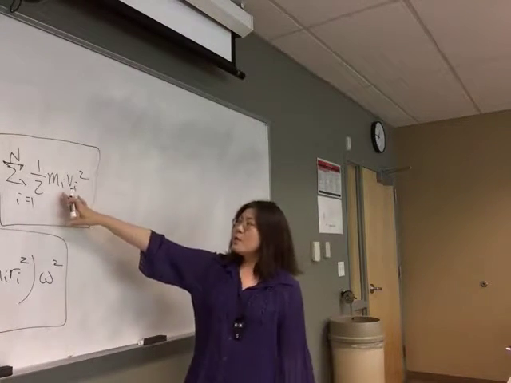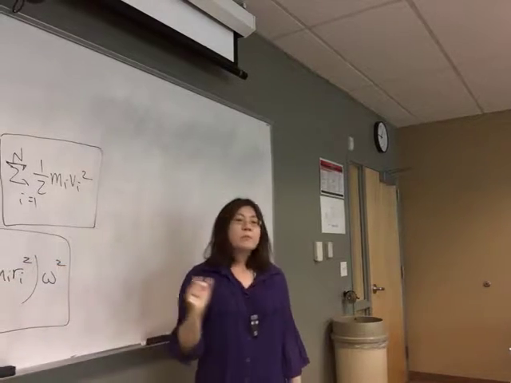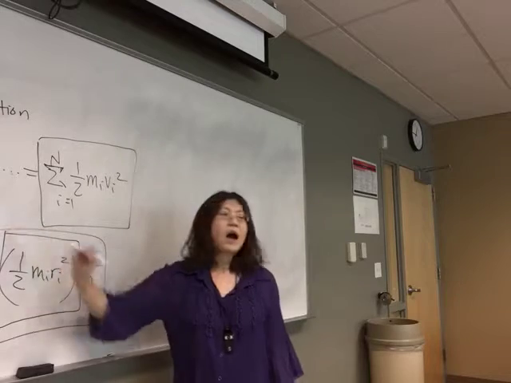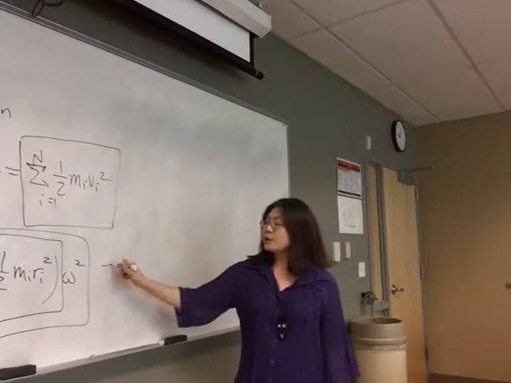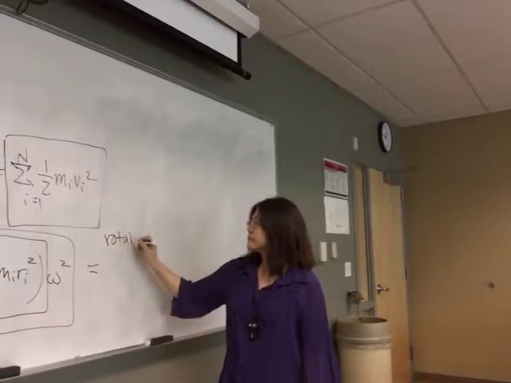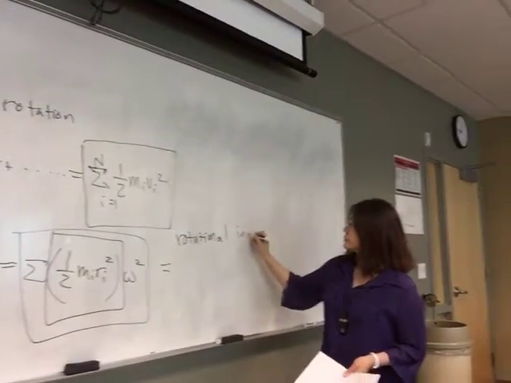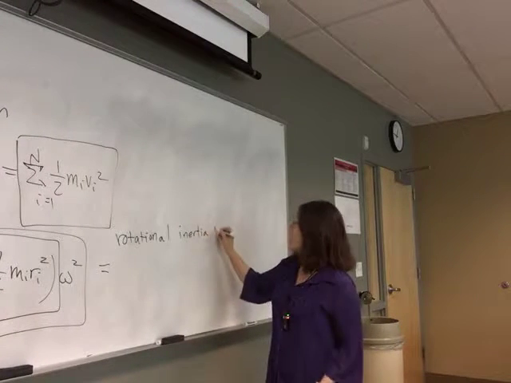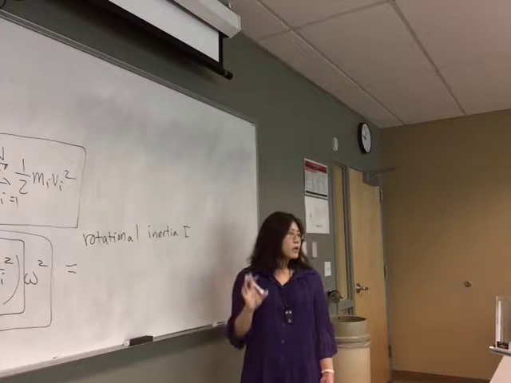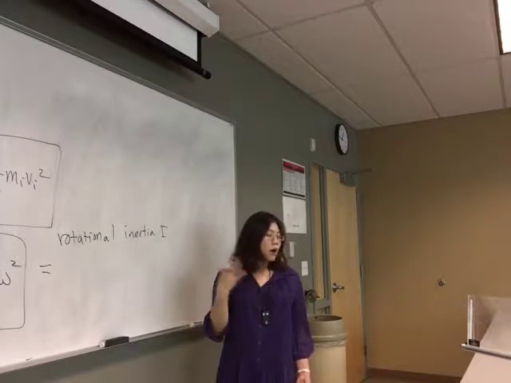So in linear motion, if you consider that as a mass, in rotation, instead of using mass, we have this new quantity, which we call I. And that I is what we call rotational inertia. We use capital I to indicate that's rotational inertia, which is equivalent to mass when you're dealing with linear motion. Your I here is the mass in rotation.